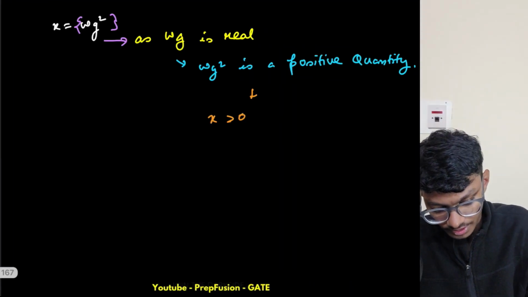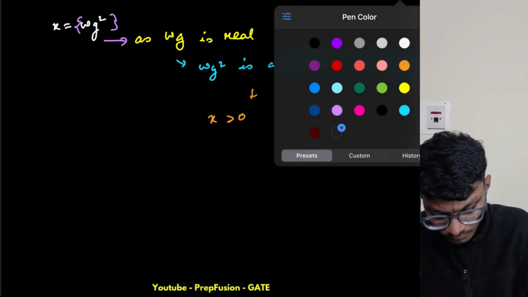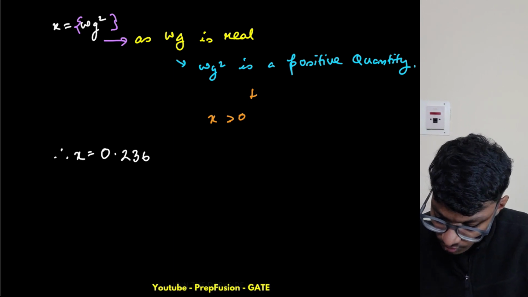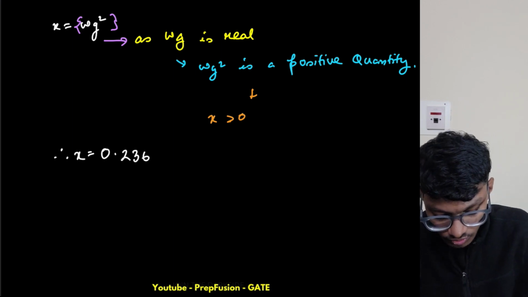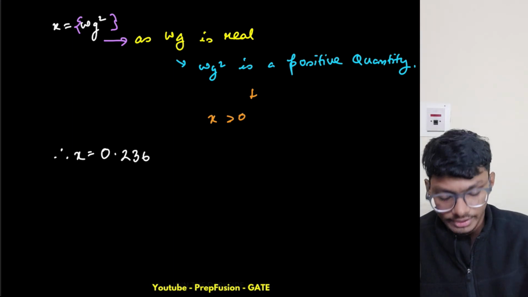So from here I can understand that my x is 0.236, and if I take the under root of 0.236, my omega g will be under root x.